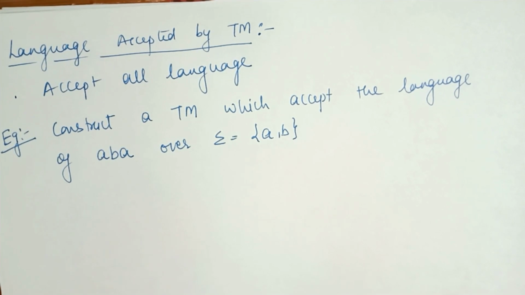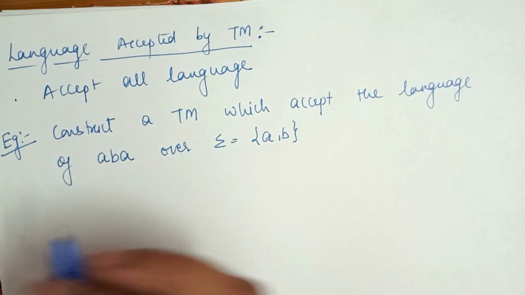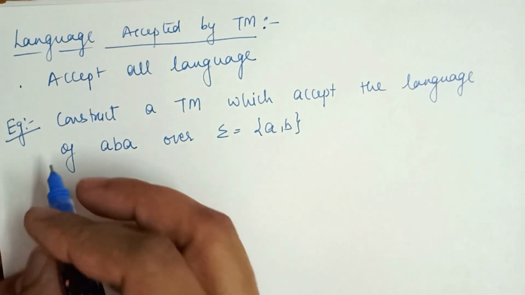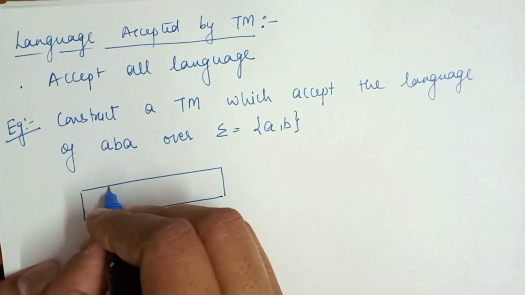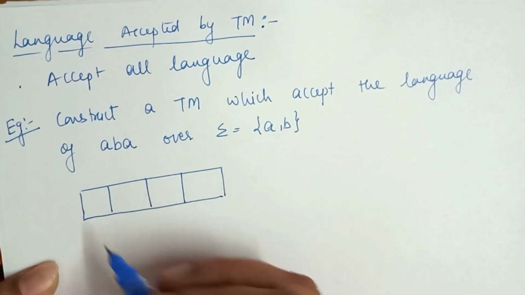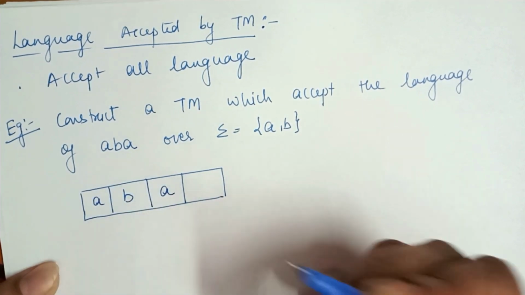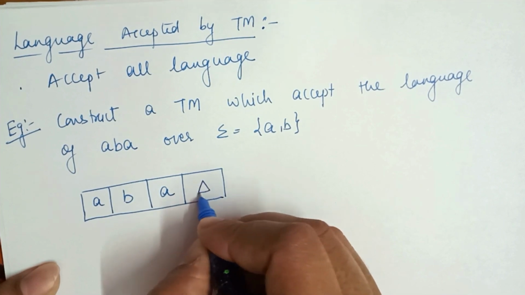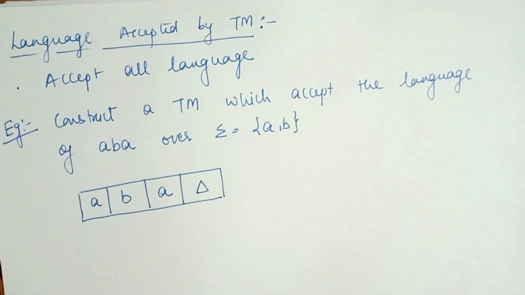So we will assume that an input tape contains the string ABA. As we know, the first component of a Turing machine is the input tape. So we take our input tape like this, and we place the input string in each cell like ABA, and for the empty cells we take the blank character, which is denoted by delta.